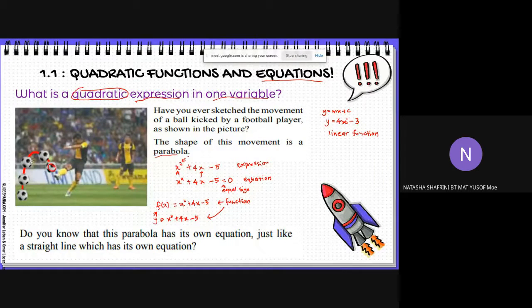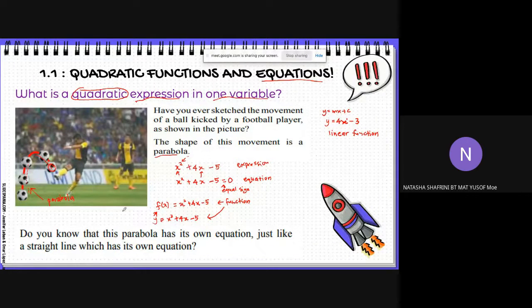Then you nampak ball ni, the movement of the ball will form one curve. Dia akan bentuk satu curve. Okay, nampak curve ni? Curve ni membentuk movement of the ball, dia bentuk parabola shape. Okay, parabola ni one of shape of the curve lah.